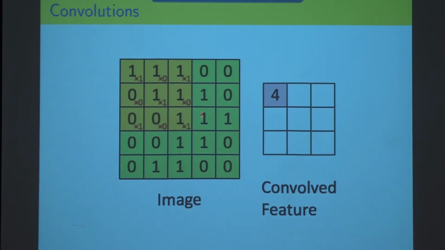Assume that you have a small signal or a small picture, which we call a kernel, and we want to convolve it with our original input. What we do is compute the pairwise multiplication of the pixels between these two, then sum them up and put the result here. Then we do it over the whole picture, and we have a convolved feature.